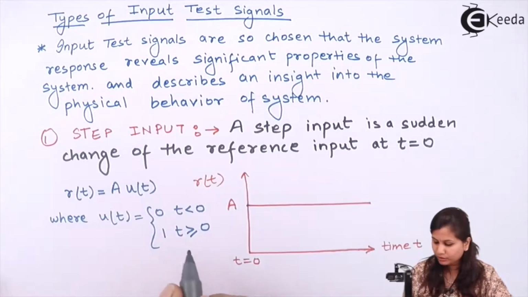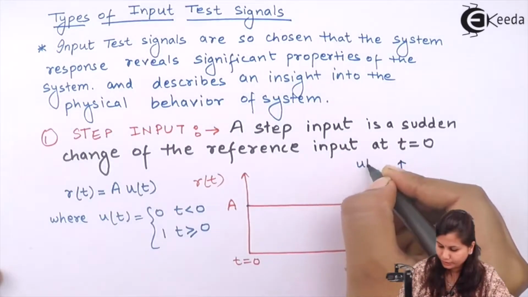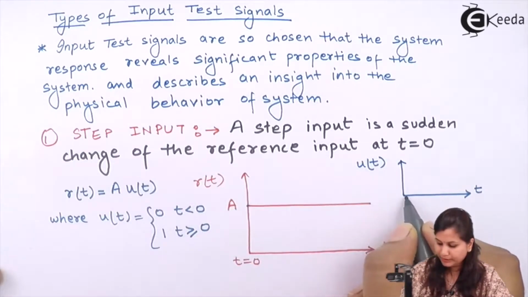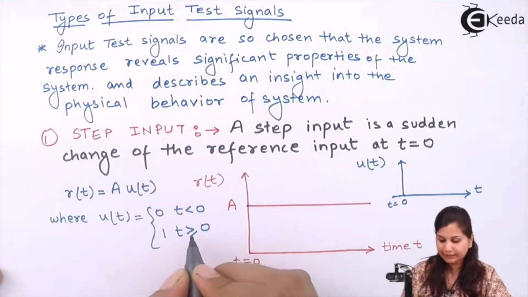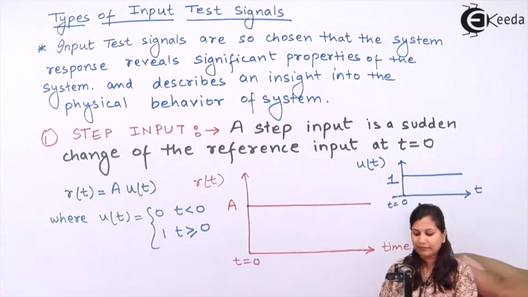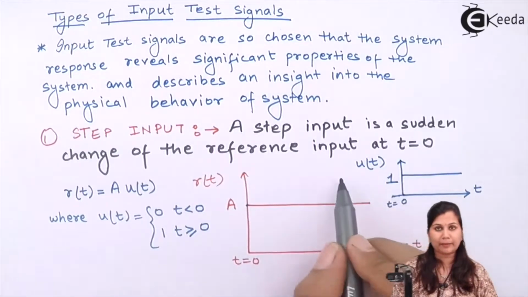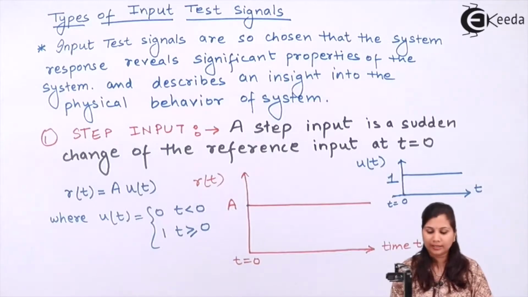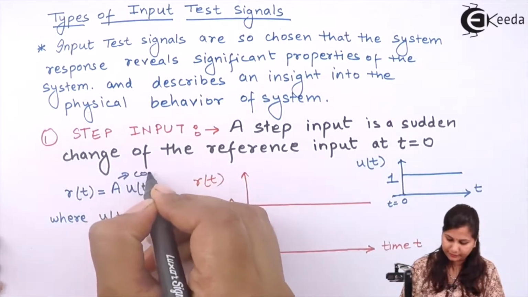So in the graph of u(t), it is 0 for time less than 0, and at t equals 0 and after, it has the value 1. It suddenly changes from 0 to 1 at t equals 0. When multiplied with the amplitude A, it shifts to the position A. So r(t) is A u(t), where A is a constant.